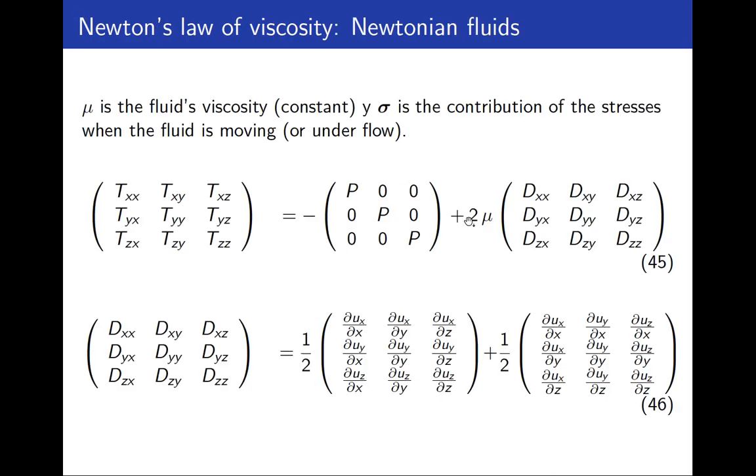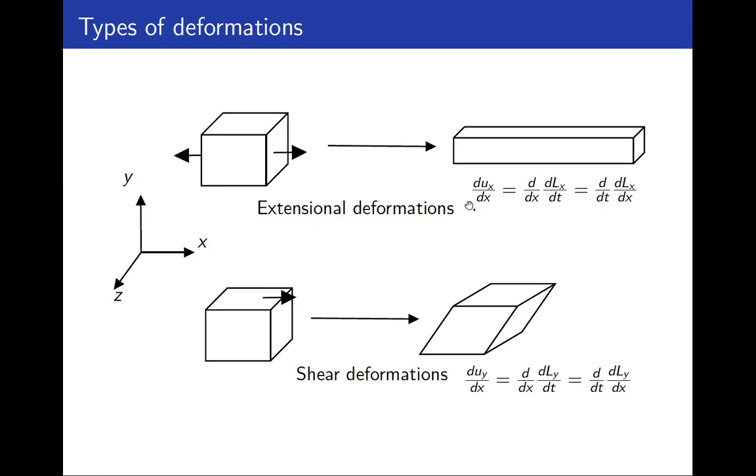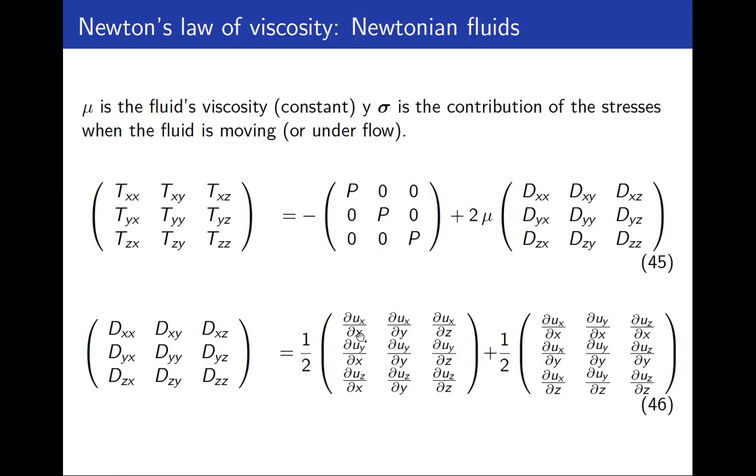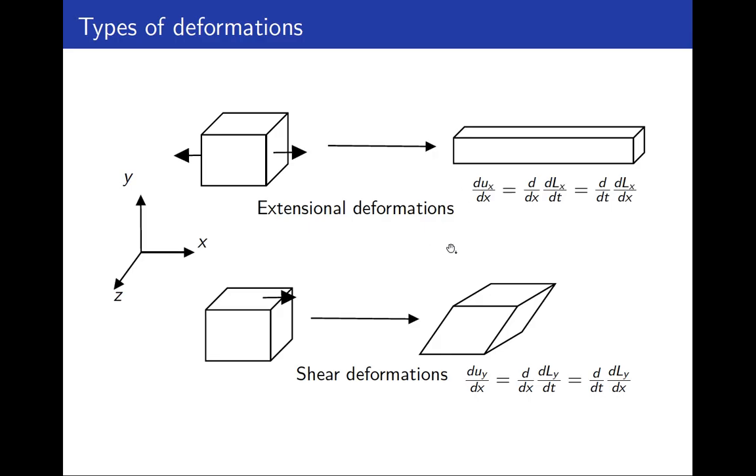As you can see, the diagonal elements of this matrix correspond to equal indices. So deformations with equal indices are the extensional deformations, which measure how the fluid is being deformed in the same direction. Here we have a cube, and we are stretching it in x direction. The shape is not going to change, but the volume does.